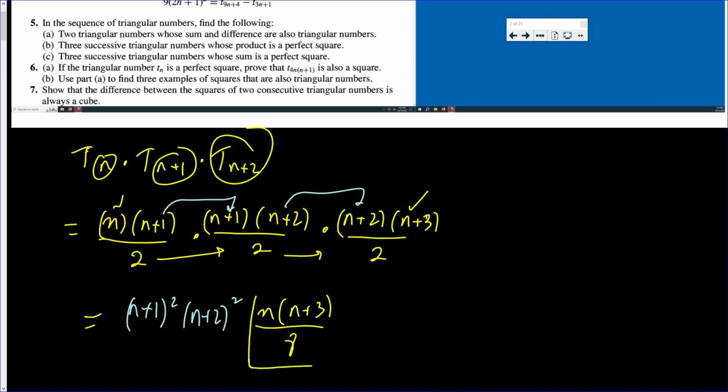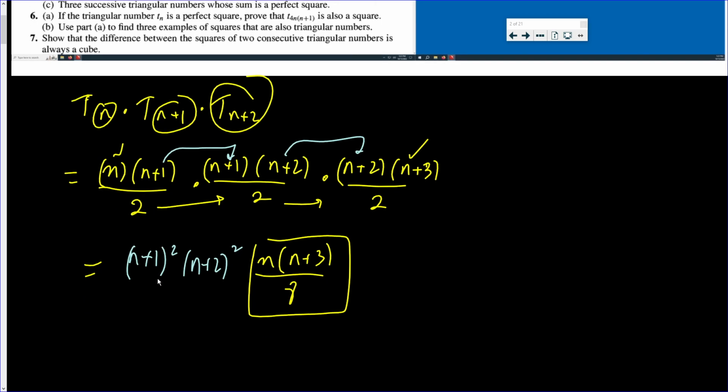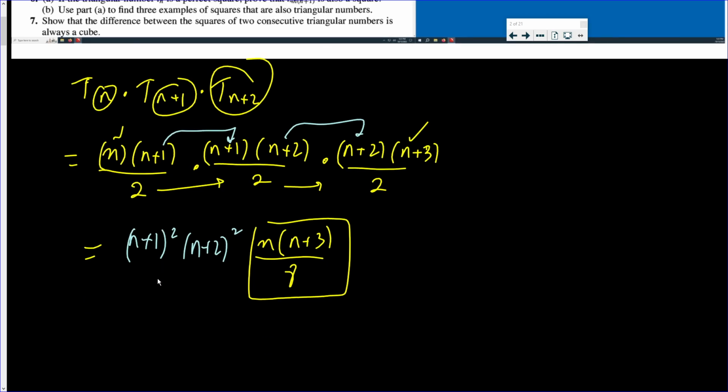Now, we want this to be a perfect square. Well, one necessary condition is that 8 goes into either n or n plus 3. So let's see what the possible numbers for n are. Well, we could have n be a multiple of 8: 8, 16, 24, 32, 40.